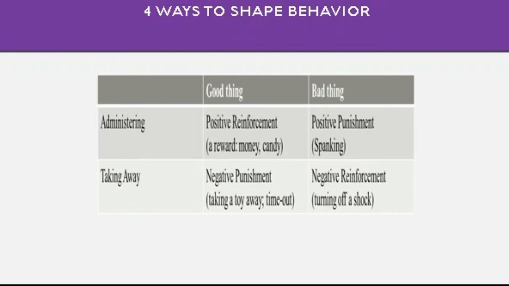Kung hindi, there will be a negative punishment na mangyayari. Nagbibigay tayo ng negative punishment para mapalabas natin yung negative behavior. Or hindi pala binibigay, kinukuha natin yung something para lumabas yung desired behavior na gusto natin.